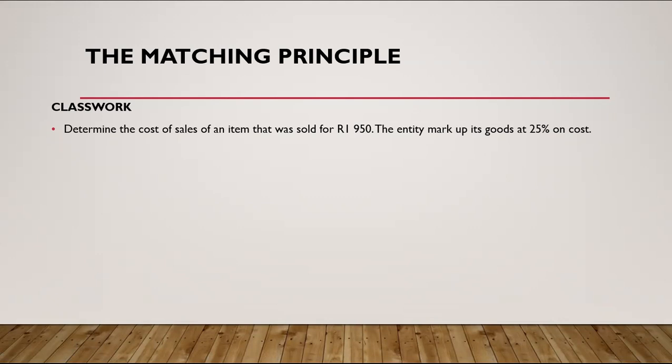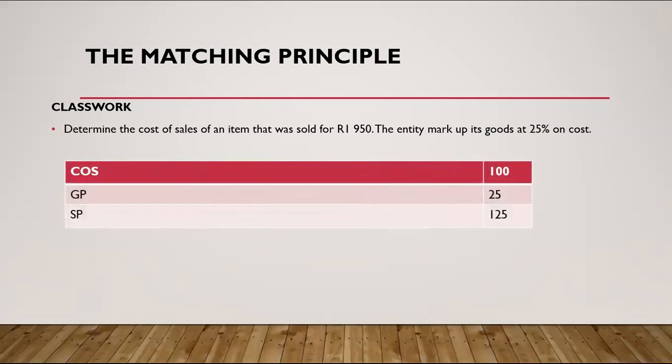Here we need to determine the cost of sales of an item that was sold for 1,950. The entity marks up its goods at 25% on cost. Again, you're going to do that small table where the cost of sales will be 100, gross profit will be 25%, and the selling price will be 125.